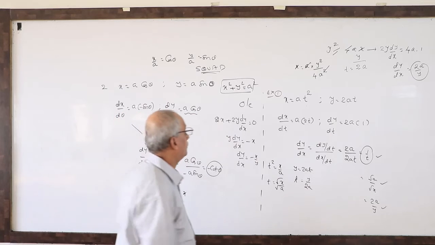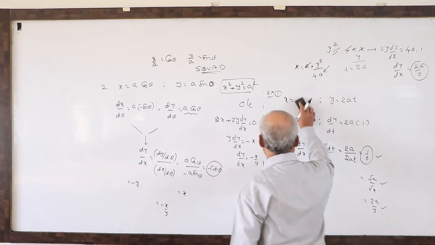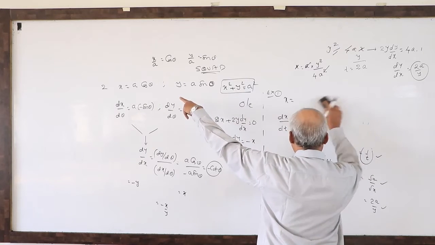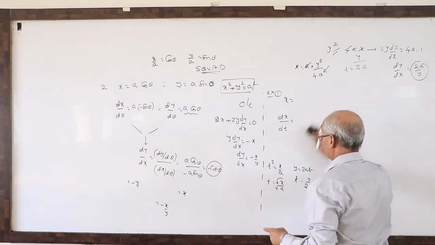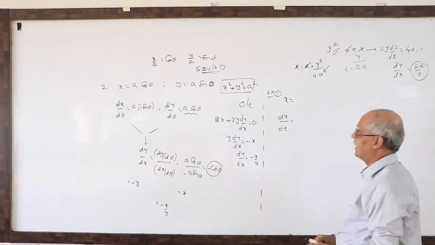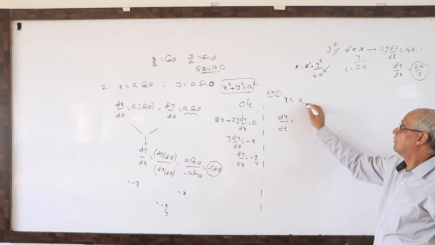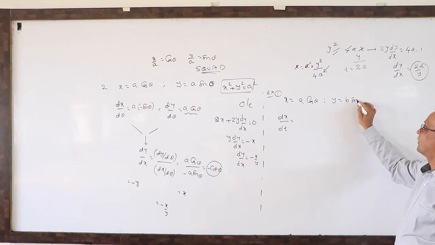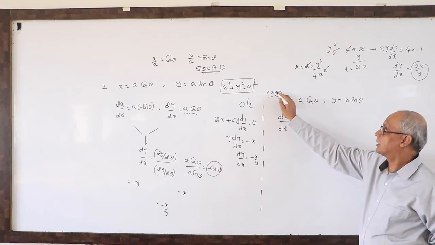Right. Now in the place of a, suppose I give b. Now you see x is equal to a cos theta, y is equal to b sin theta. Why are we writing this example?